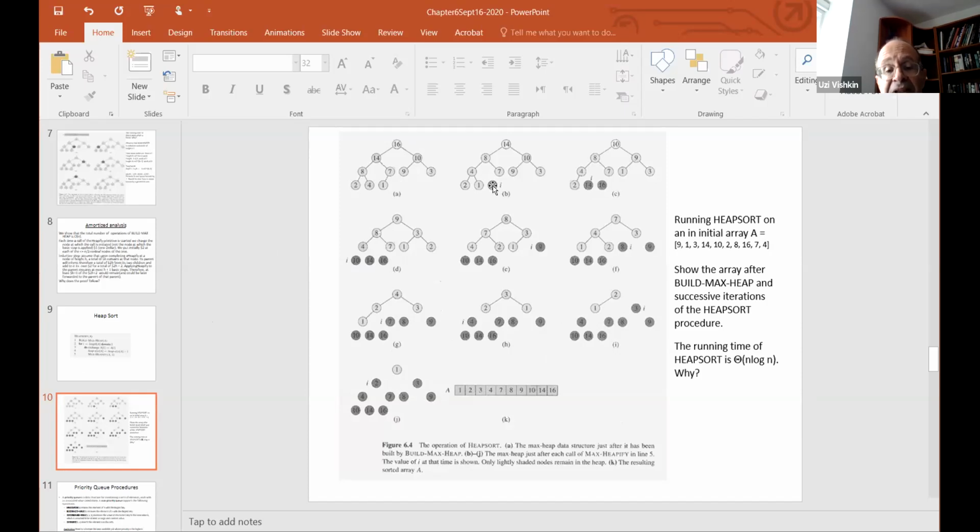And upon putting it here, by declaring that the heap is smaller by 1, what happened to the connection of this node to its parent? It disappeared. I chopped it off. It's as if I applied scissors here, and this leaf is not part of the tree anymore.